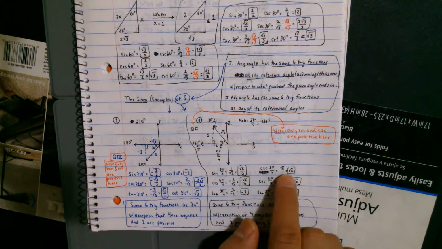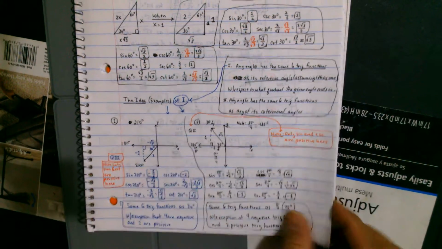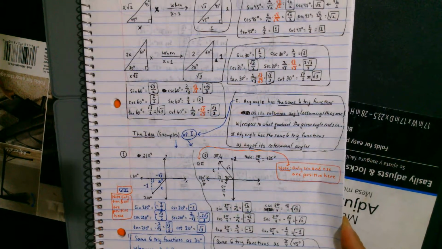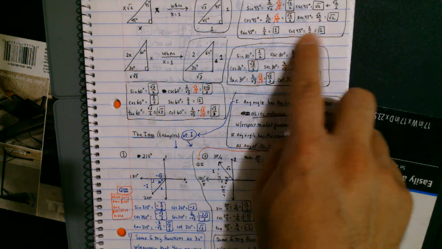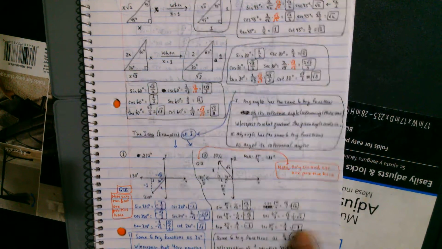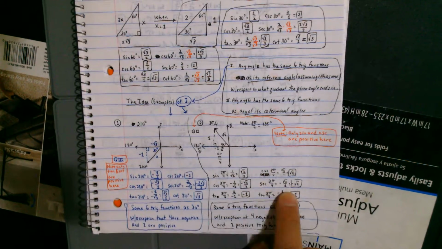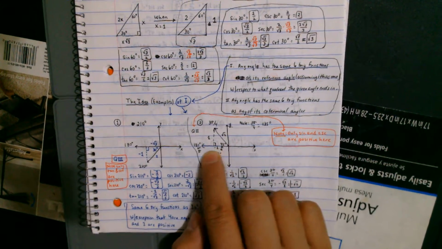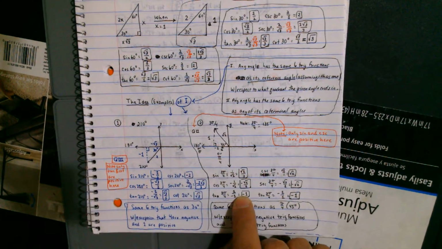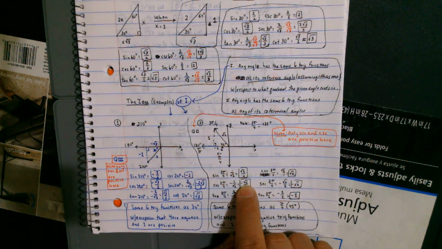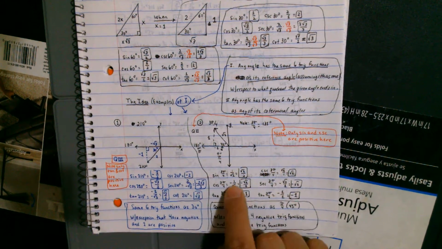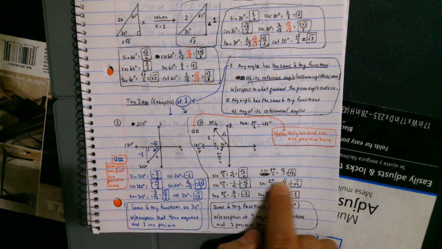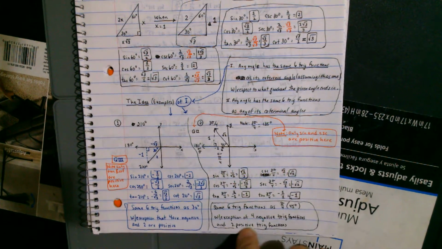Same six answers, except four of them are negative because the adjacent side is negative. Tangent is opposite over adjacent, cosine is adjacent over hypotenuse. Sine is opposite over hypotenuse, and both of those are positive. So in this quadrant, four of them are negative and two of them are positive.